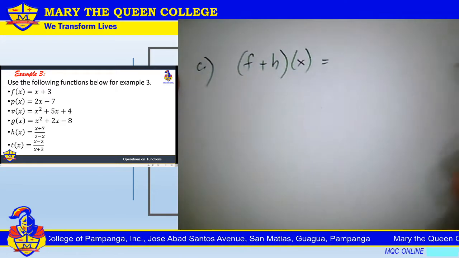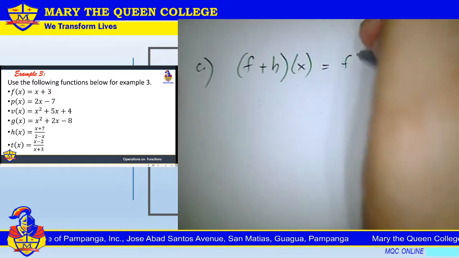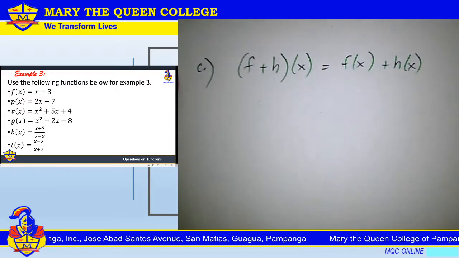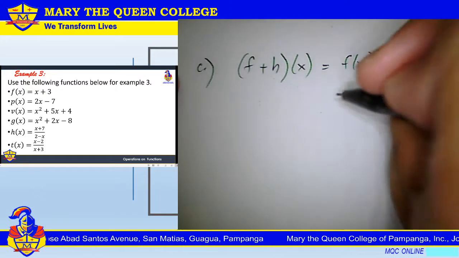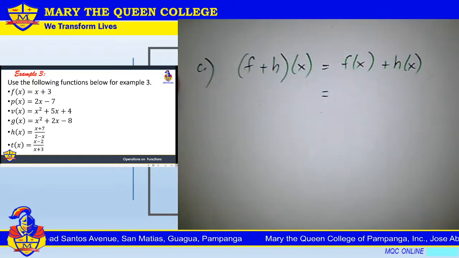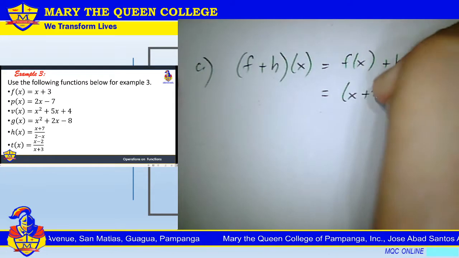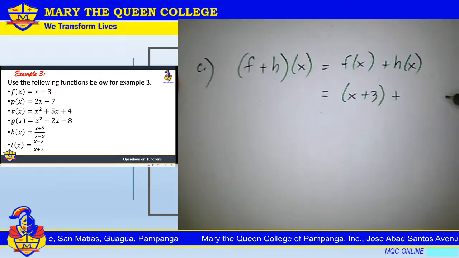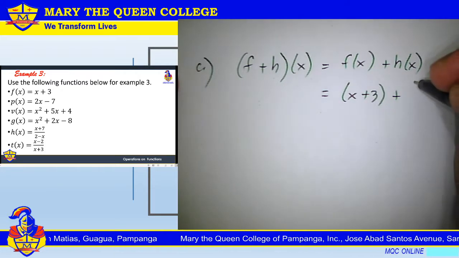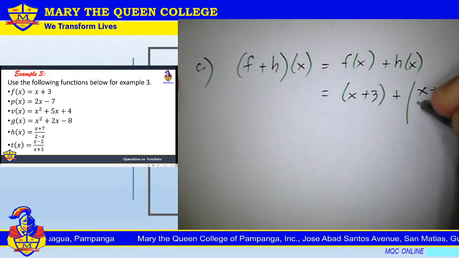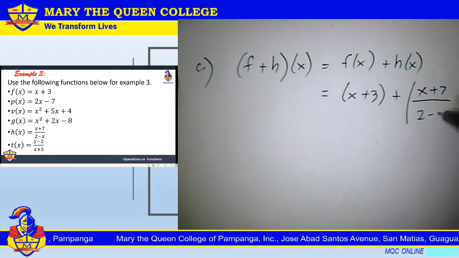So from here, we could have f of x plus h of x. Copy natin yung ating original function given. F of x, that would be x plus 3, plus h of x, now a rational expression, x plus 7 all over 2 minus x.